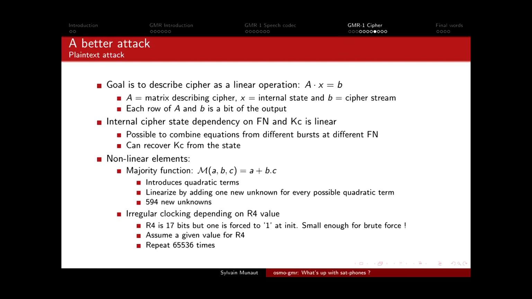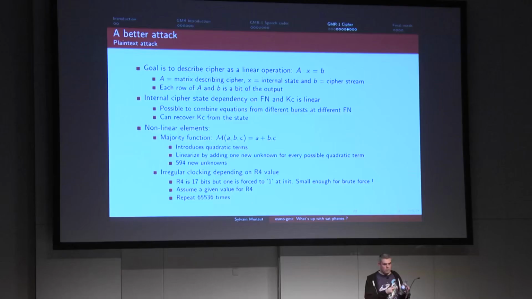In reality, that unknown isn't really unknown. It's a function of your other variables, but you can't represent it in a linear fashion. So you just say, okay, this is a new unknown, and deal with it. There are a lot of possible combinations, which adds 594 new unknowns to your equation system, which means you're going to need a bunch more equations to be able to actually solve it. But at least it makes it linear, so there is hope.